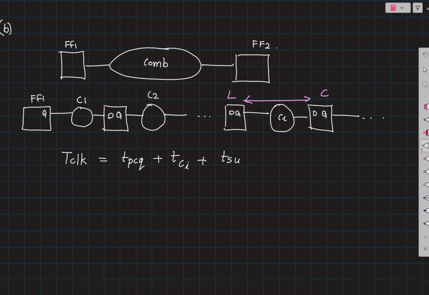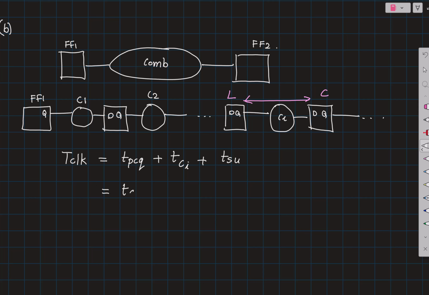And we want to minimize this quantity, of which the combinational logic delay is right now not under our control. It is what it is. So we want to minimize the clock to Q propagation delay and the setup time delay. In particular, we want to minimize their summation.